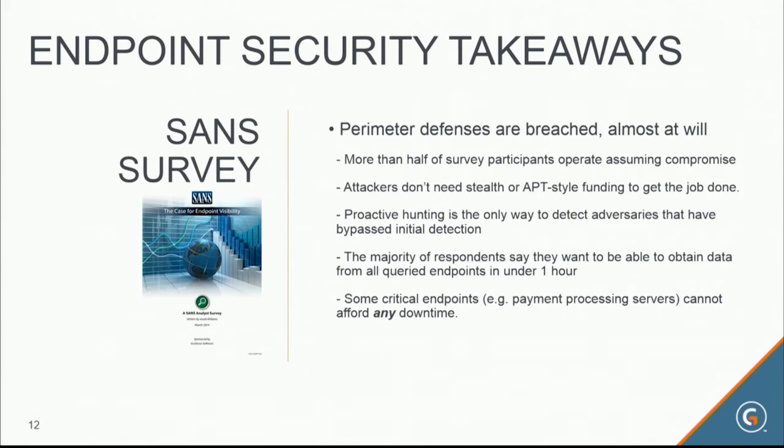SANS themselves, as probably with everyone in the room, we do most of our internal IT awareness training with SANS, and they say pretty much the same things that we do. Echo that with what Gartner was saying about the EDR space. We've got a definite endpoint problem to fix.